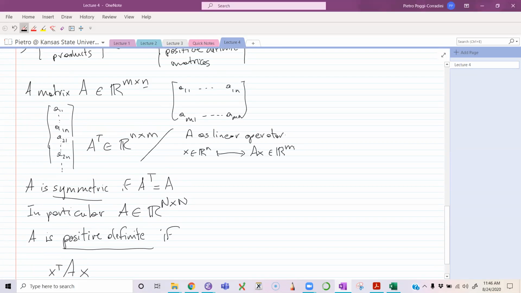So that's the standard way to think about matrices as linear operators. And we will use that point of view a lot.